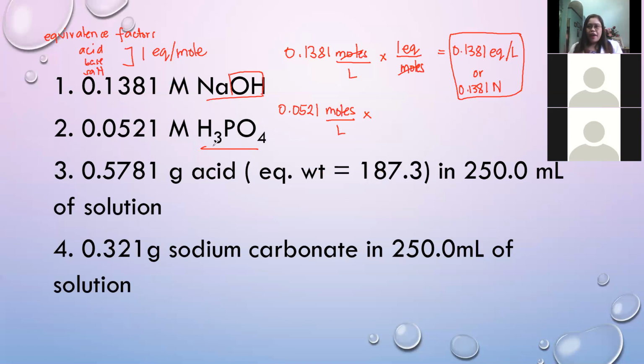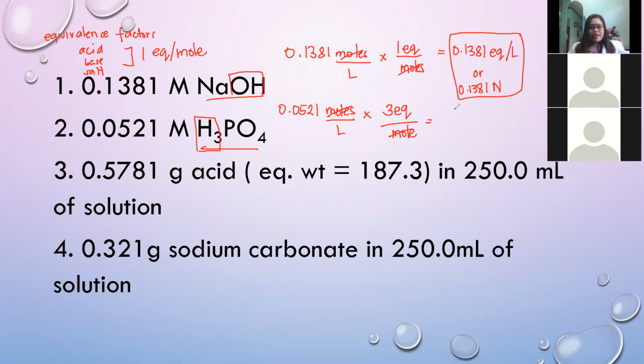Okay. So again, this one is an acid, so we count the number of hydrogens. For phosphoric acid, you have 3. That is its equivalence factor. So you just write here 3 equivalent per mole. That is the unit when we compute milliequivalent weight or equivalent weight. So the moles cancel, class.